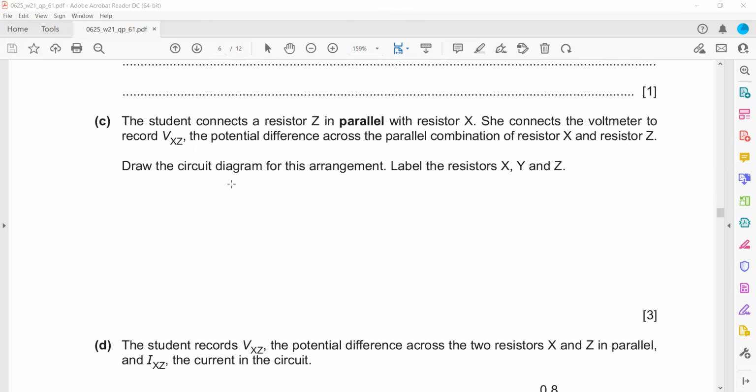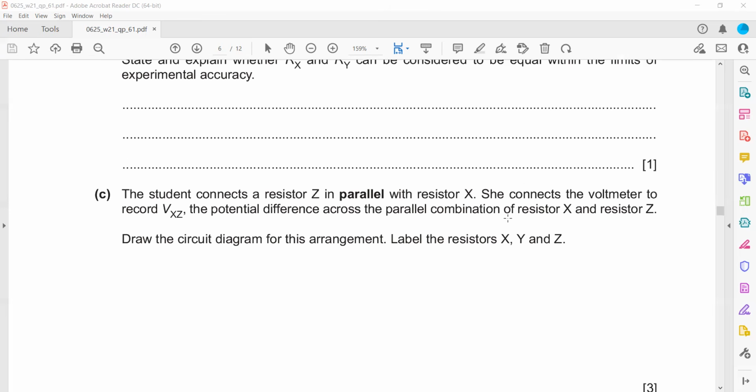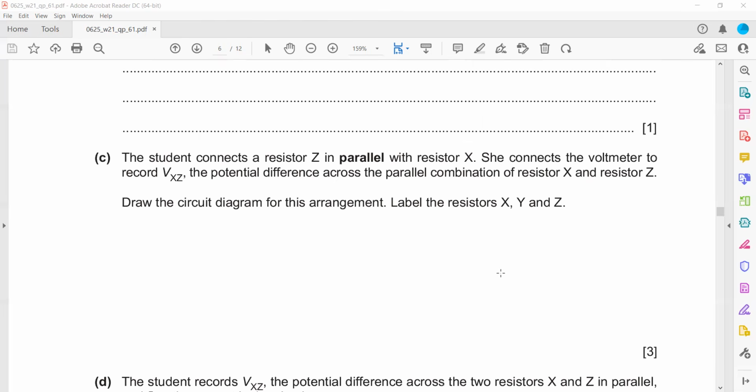Then a student connects a resistor Z in parallel to resistor X. She connects a voltmeter and records the voltage of X and Z, the potential across the combined resistance of X and Z. Draw a circuit diagram for this arrangement and label X, Y, and Z. Instead of drawing the circuit here again, I will use the previous circuit.